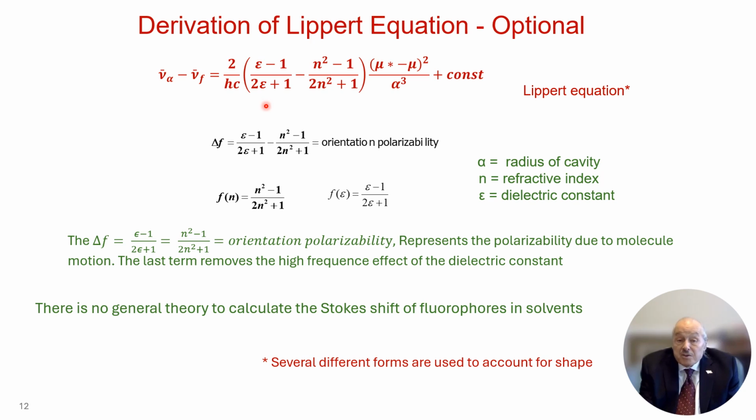That's a static measurement which allows the molecules to reorient as much as they want in that particular electric field. But this one is the refractive index, or a function of the refractive index. And this accounts for the instantaneous change in the field around the fluorophore due to the refractive index, because that's basically at the frequency of light.